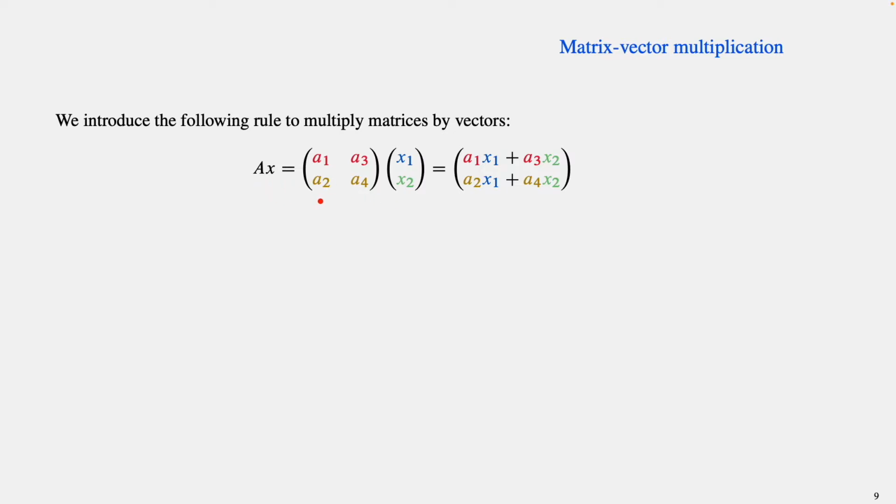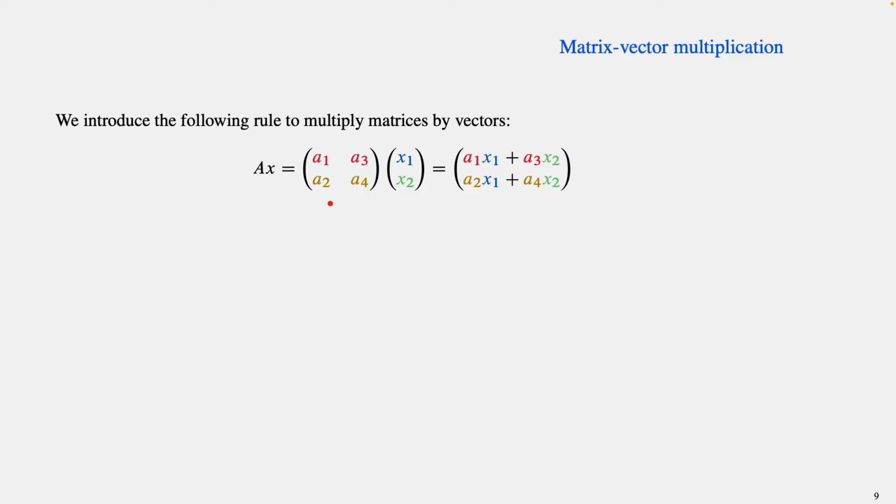If our matrix A is given with entries a1, a2, a3, a4, and the vector x is given with entries x1, x2, then the product of matrix A by vector x is basically what we just saw on the previous slide, a1 times x1 plus a3 x2 and a2 x1 plus a4 x2.